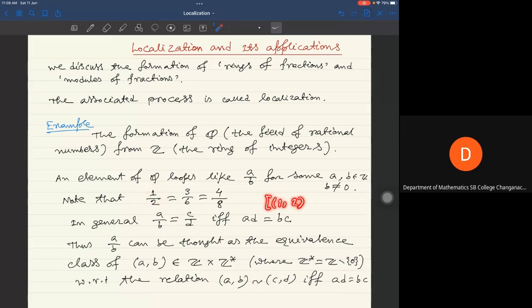In fact, you have other representatives also, let's say (3, 6).